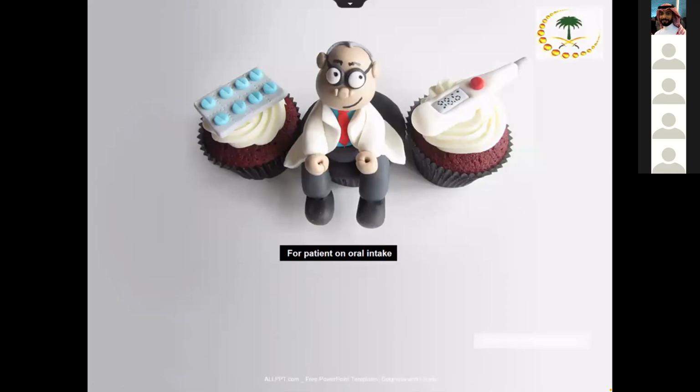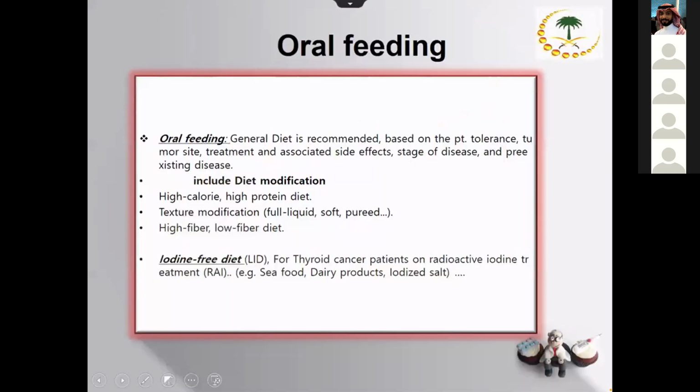For patients' oral intake, it's recommended based on tolerance, including different kinds of diet. Sometimes it's high calorie, high protein, texture modification, sometimes liquid, soft, puree, high fiber, or low fiber.